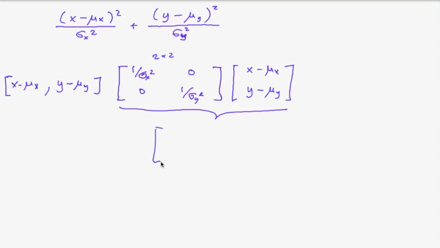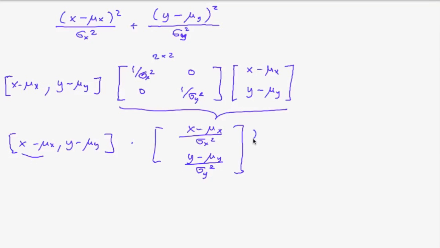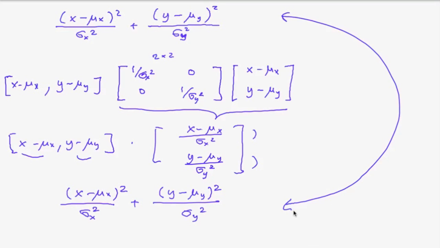Because this gives the vector times this row vector, which gives the first element times the first plus the second element times the second, which gives exactly this formula, which is the same as this above here.